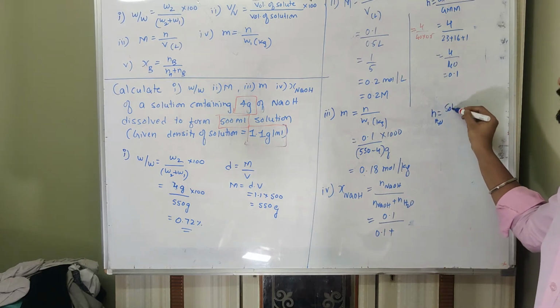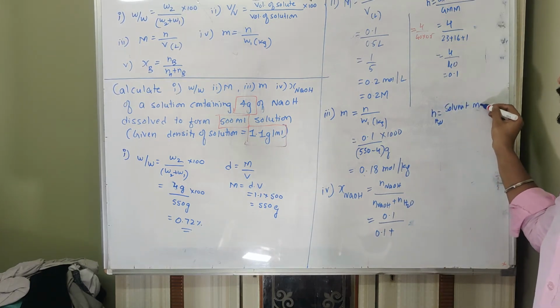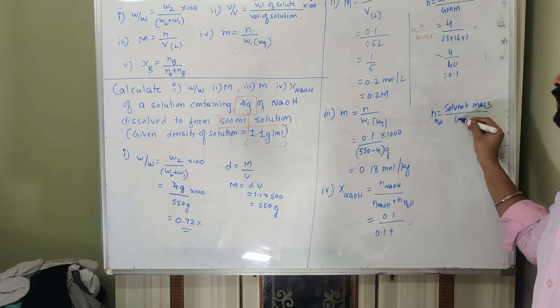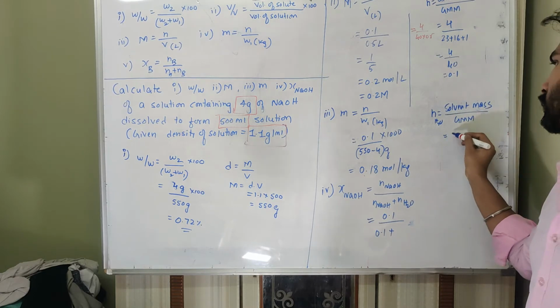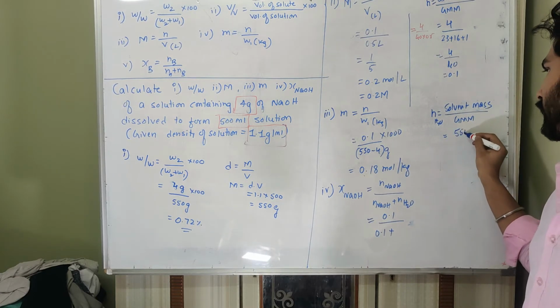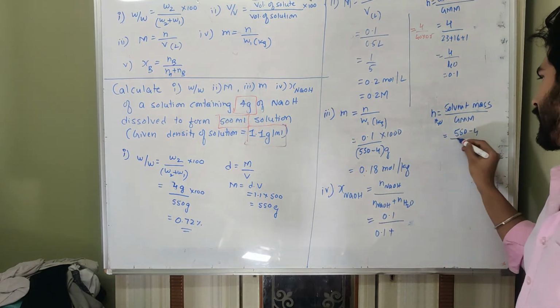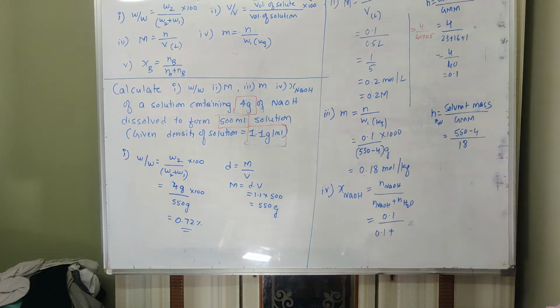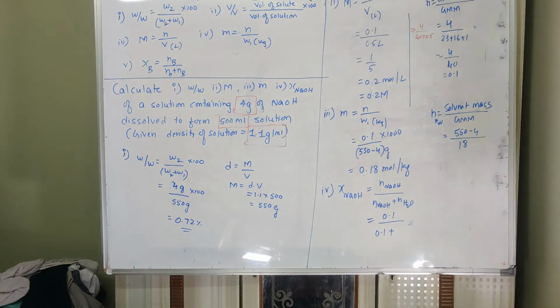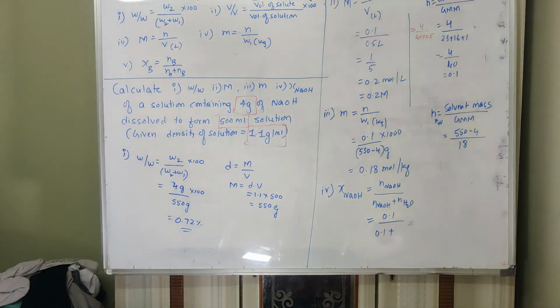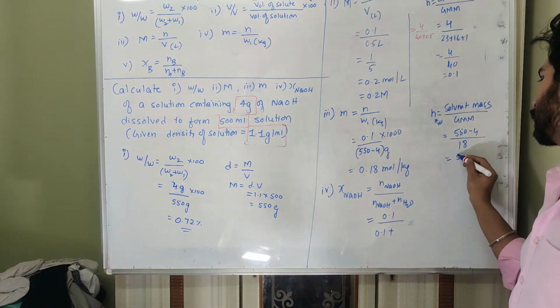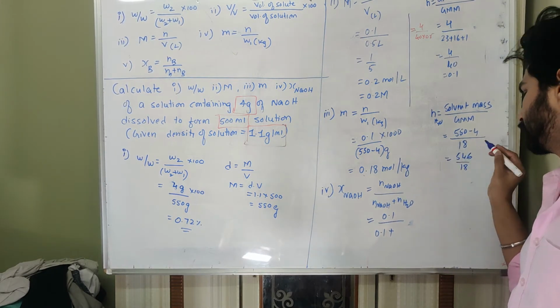So the solvent's mass, that is given mass, upon gram molecular mass. So solvent mass is 550 minus 4. Divide by gram molecular mass, which is 18. Water is 18, H is 2 and oxygen is 16, 16 plus 2 is 18. So this is 546 divided by 18.